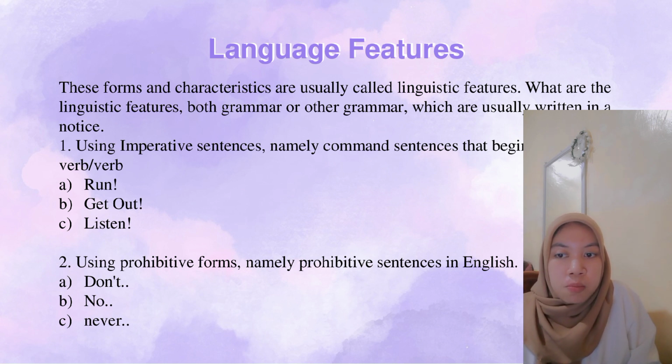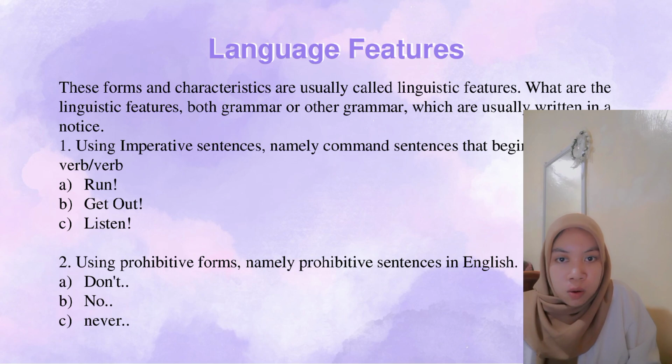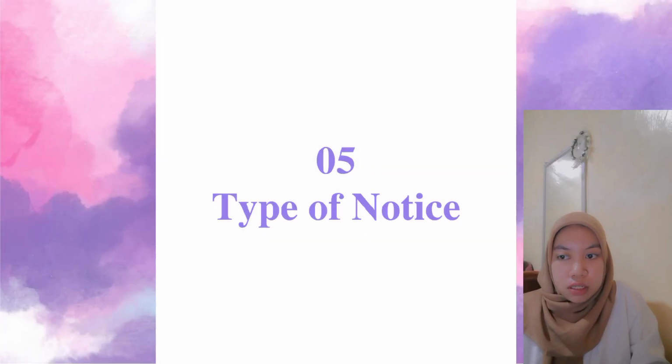First, using imperative sentence, namely command sentence that begins with a verb. Example: run, get out, listen. Second, using prohibitive form, namely prohibitive sentence in English. Example: don't, no, never.